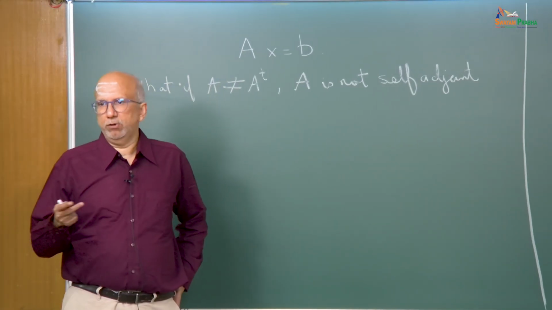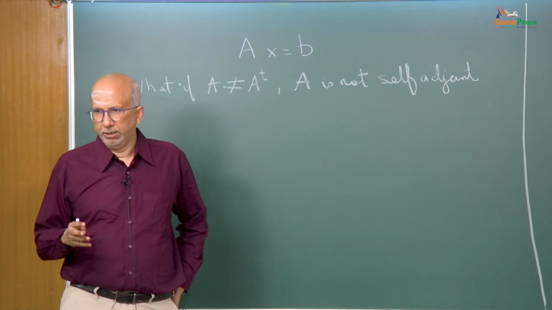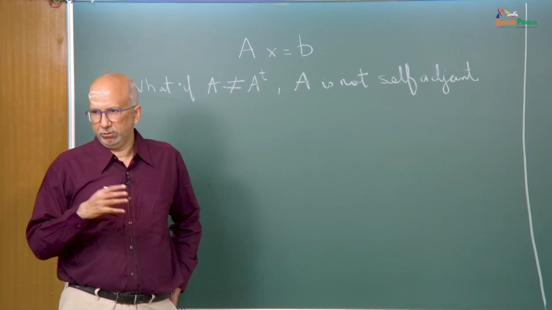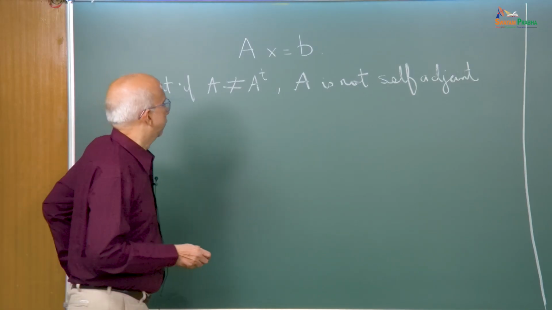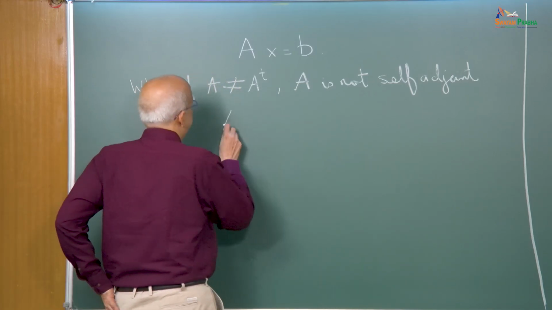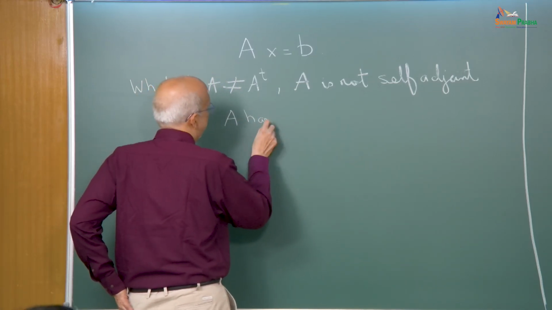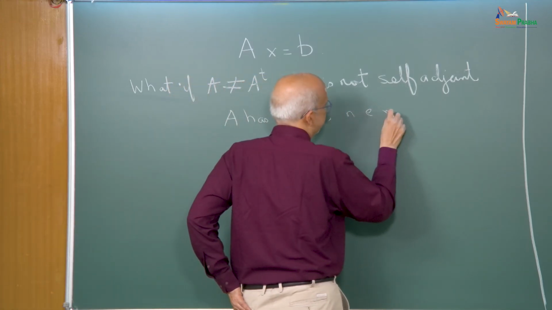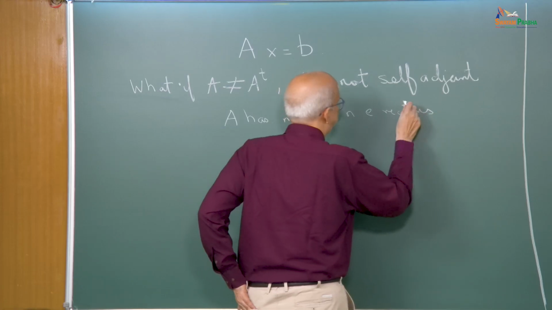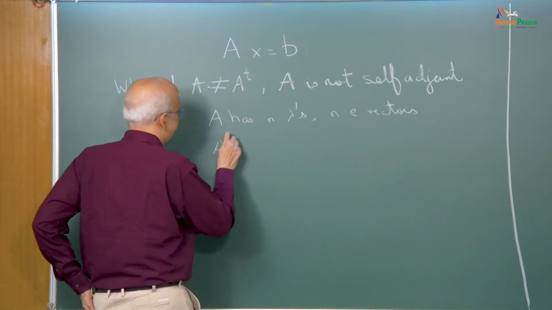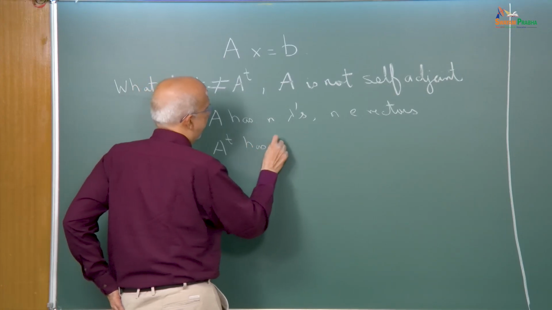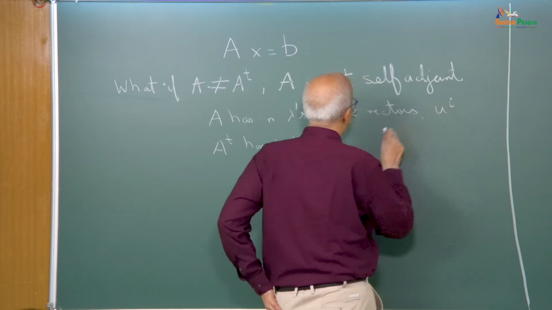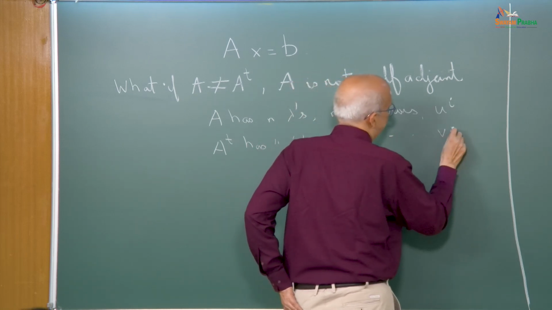Now, what we did yesterday was we actually did an example, but now I will just put it in the form of a theoretical context so that the theory is clear. So, again A has, let us say, n eigenvalues and n eigenvectors. A transpose has again n lambdas, same lambdas, and these eigenvectors I am calling ui, these eigenvectors I am calling vj.